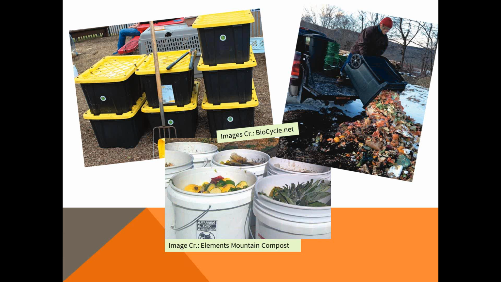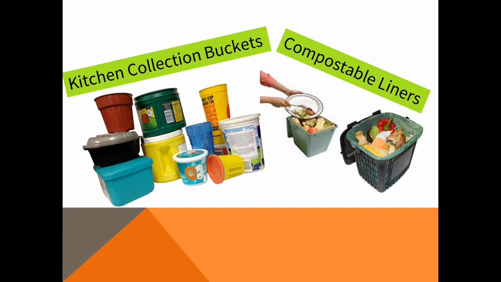So here are just some examples of people adding their food scraps and how they collect them for the community composting. Also you need to train your participants. What are they going to put their food scraps in to bring them to your site?